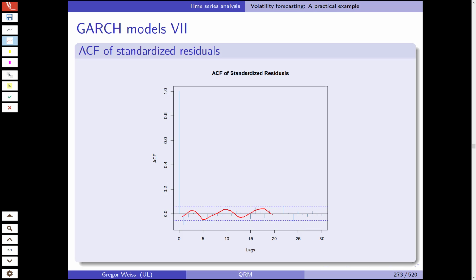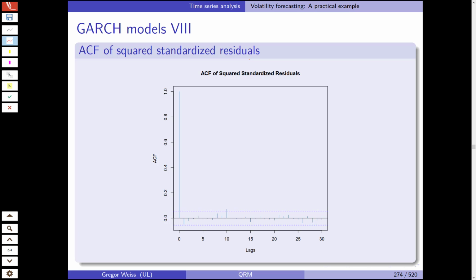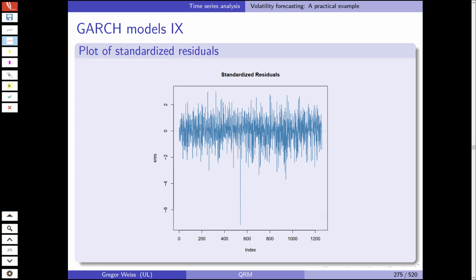It is now statistically insignificant and close to zero. So this looks like we've done a good job by choosing this GARCH model with skewed t distributed innovations. Same with the autocorrelation function of the squared standardized residuals. It's statistically insignificantly different from zero.